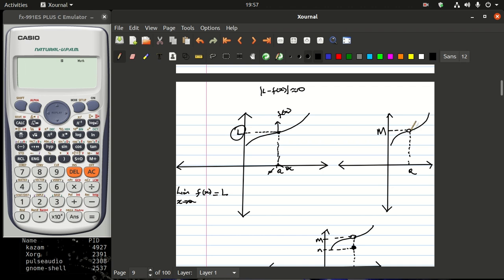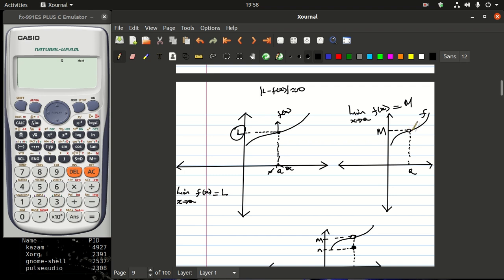Because if I take that output and I subtract M from it, I will get 0.0000000000000 something. We say that the limit, if this one is our f, as x approaches a, of this function f is equal to M. Even though it's not defined, we don't care what is happening there.